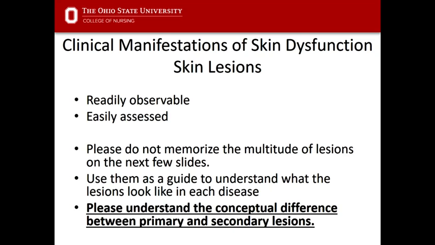I do want you to understand the conceptual difference between primary and secondary lesions. Primary lesions develop as a direct result of a disease, and secondary lesions are usually a modification of a primary lesion, or they may develop due to non-disease related activities.